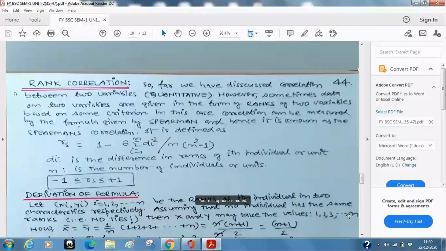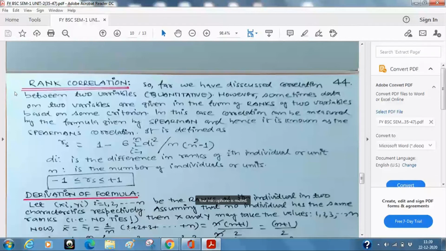Everybody knows that, yes, that is n into n plus 1 by 2. Do you recall this? So whether it is x bar or y bar, I am taking the summation of these values only.